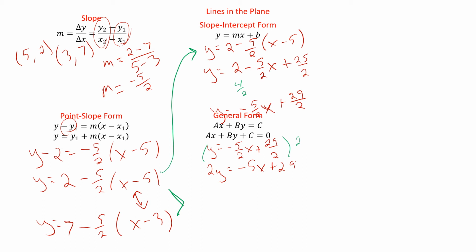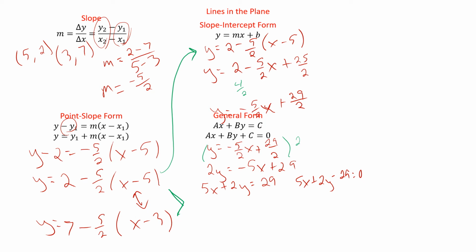We'd add the 5x over to get 5x plus 2y equals 29, or possibly 5x plus 2y minus 29 equals 0. Those are the two ways we could write it. Notice that we didn't just move the 29 over, we actually did subtract it. So if we were looking at the top equation, c would equal 29, but if we're looking at the bottom equation, c would equal negative 29. So that's just how you put it into general form.